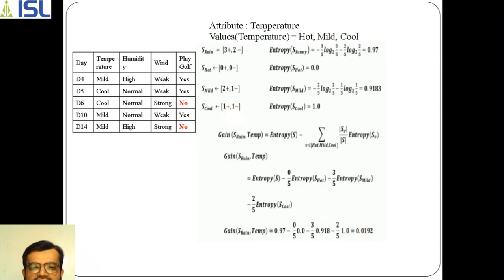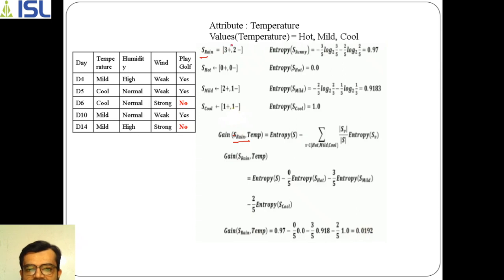So again we need to calculate recursively, with respect to rain. So this rain is the main sample here. This is the sample for just rain. That means whenever rain comes, this is how the data set looks.